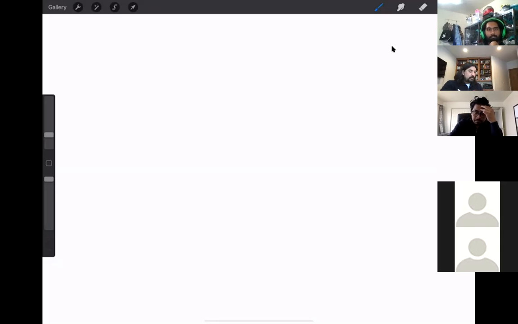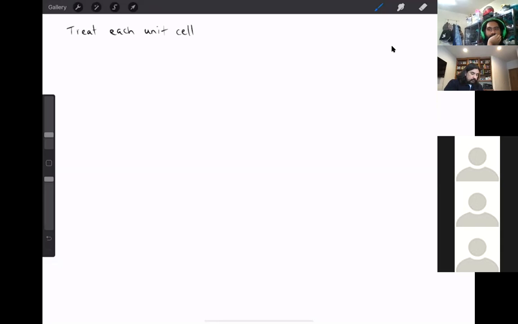So what you want to do though is that we have an ordered crystal. So we can take this shortcut where each unit cell is identical to the other, and we treat each unit cell as a particle. So each portion in the unit cell is a particle. And then you can calculate things.